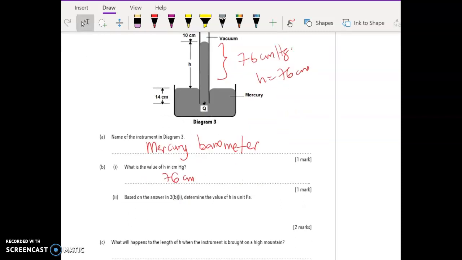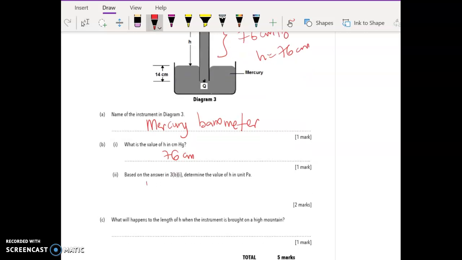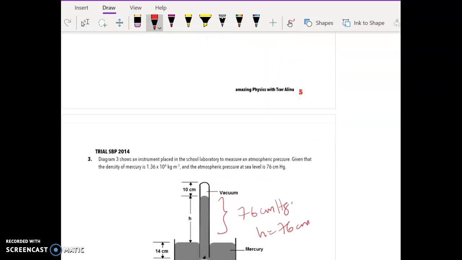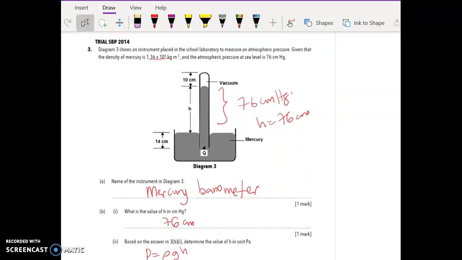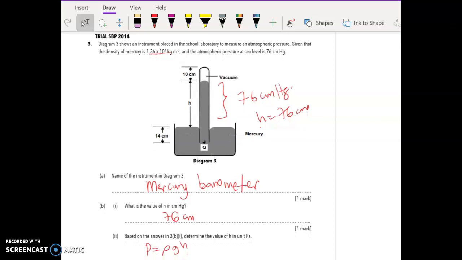Okay, next. Based on the answer in 3B1, determine the value of H in unit Pascal. Okay, so we have the formula rho times g times H. So rho is the density of mercury. Density is given 1.36 times 10 to the power of 4 kilogram per meter cube. g is gravitational acceleration.